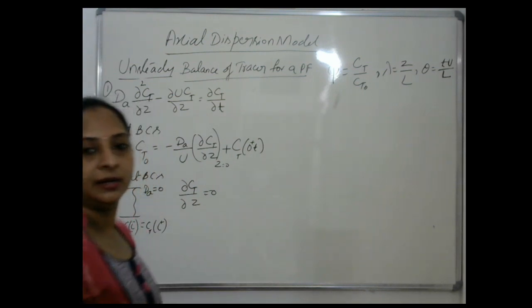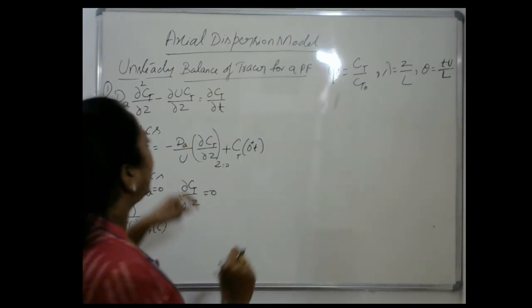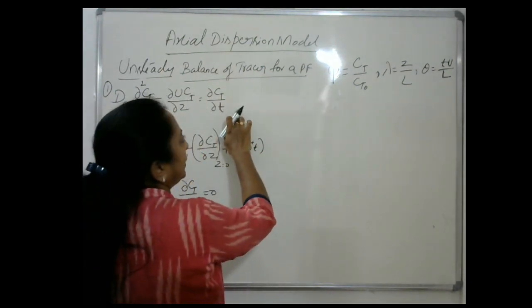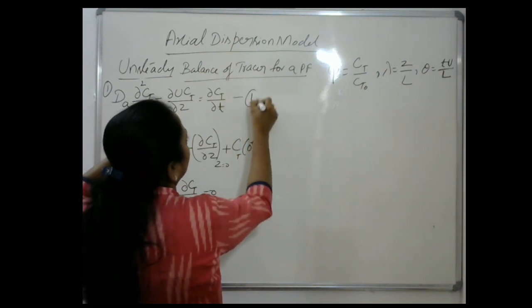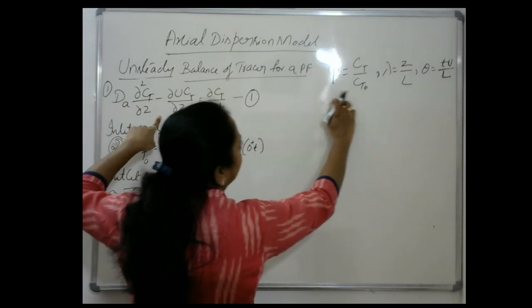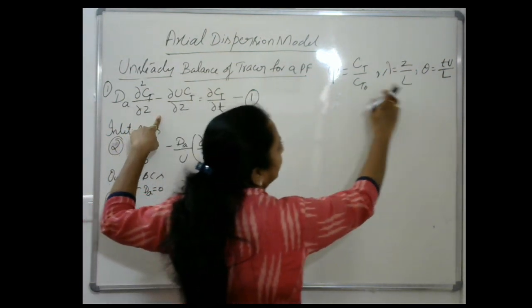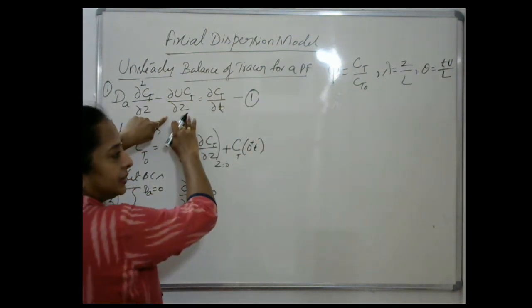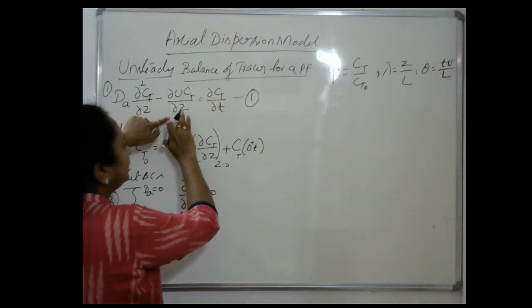Okay. So now what I will do, I have got these expressions. This equation 1, I'll get using these dimensionless forms for concentration, distance and time. I'll substitute those values here and get the dimensionless form of this equation.